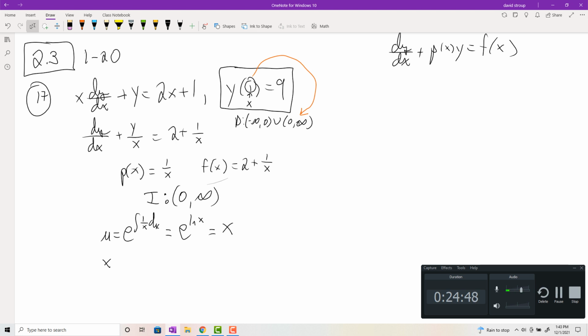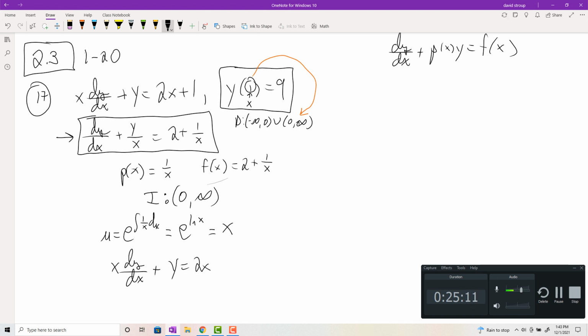As multiplying through, you get x dy over dx plus xy equals, whoops, I'm multiplying the wrong equation. I want to multiply this second equation by x. And that's why I say you get back to where you started. x dy over dx plus y equals 2x plus 1.